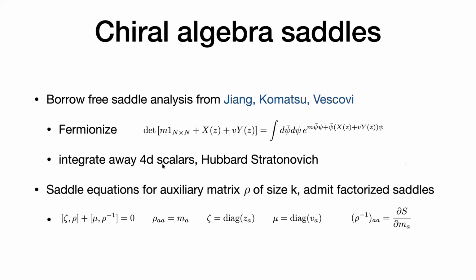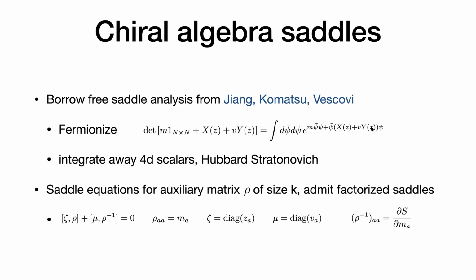Anyway, the remaining step of the calculation involves integrating away the 4D scalars, which gives you a quartic action for the fermions, and then a Hubbard-Stratonovich transformation, which rewrites the quartic action as a Gaussian action with some auxiliary degrees of freedom which have been integrated in, which are essentially a K by K matrix, where K is the number of determinant operators.